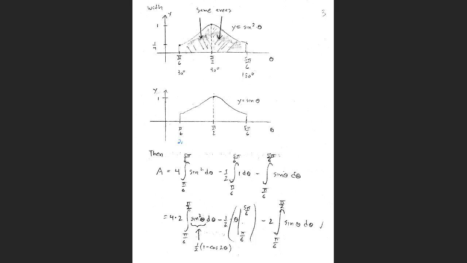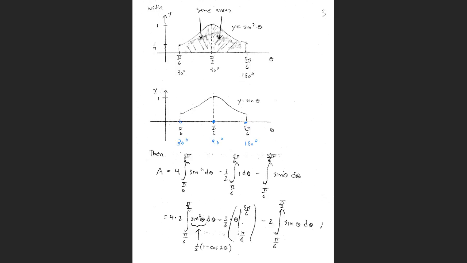Pi over 6 is 30 degrees. 5 pi over 6 is 150 degrees. So halfway in between is 90 degrees. That's 60 degrees away from 30 degrees and 150 degrees. So pi over 2 is exactly halfway between pi over 6 and 5 pi over 6.